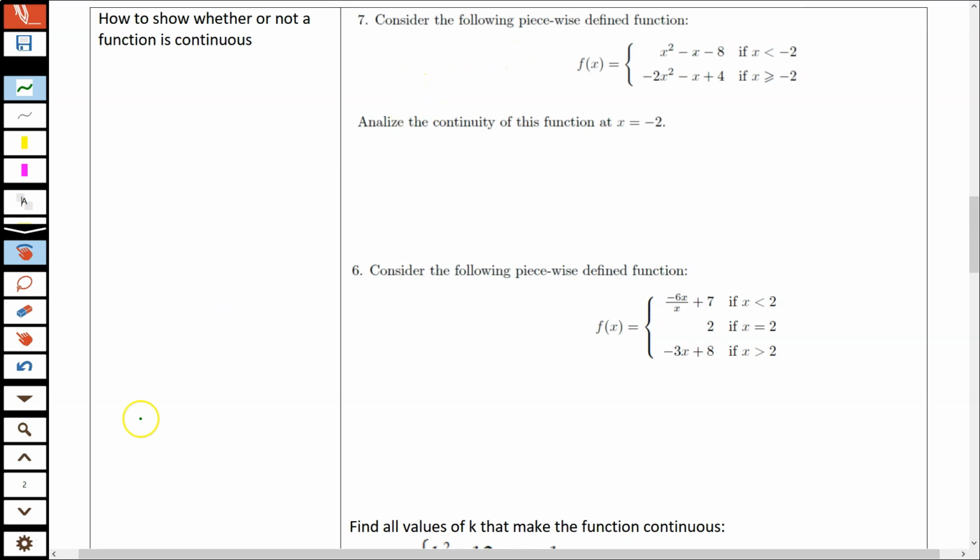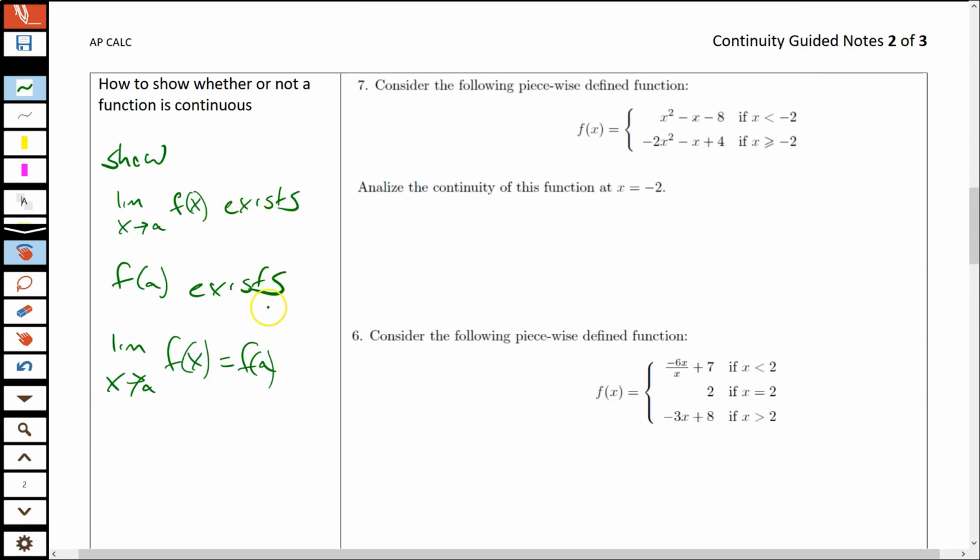So I need to know whether the limit exists, whether the function exists, and whether they're equal to each other. So to show whether or not the limit exists, I need to consider the left and the right limits. The left limit is going to be what I get when I plug in -2 to this lower piece, and the result here is -2.